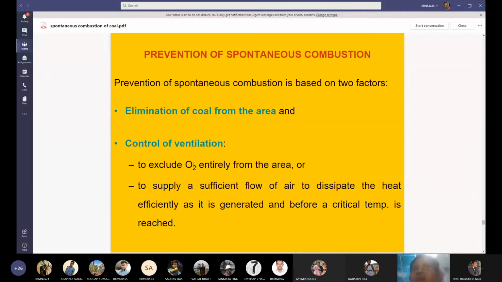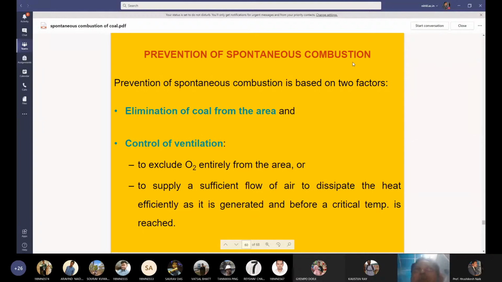So it is better to remove the oxygen completely, or otherwise to supply a sufficient flow of air to dissipate the heat efficiently as it is generated.